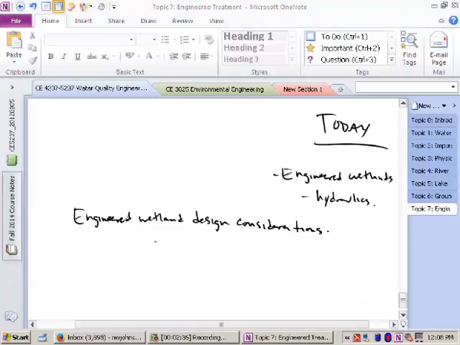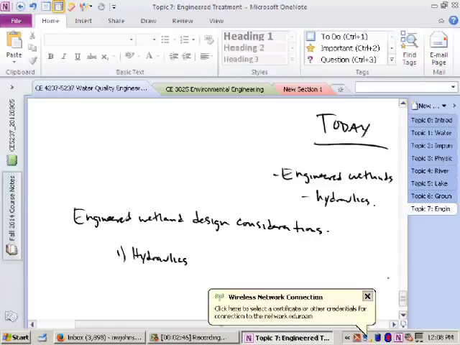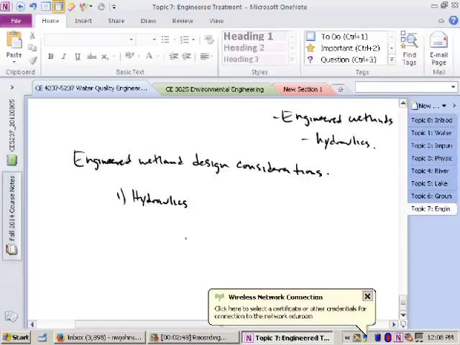But I guess first we have a few things to think about in terms of hydraulics in general.